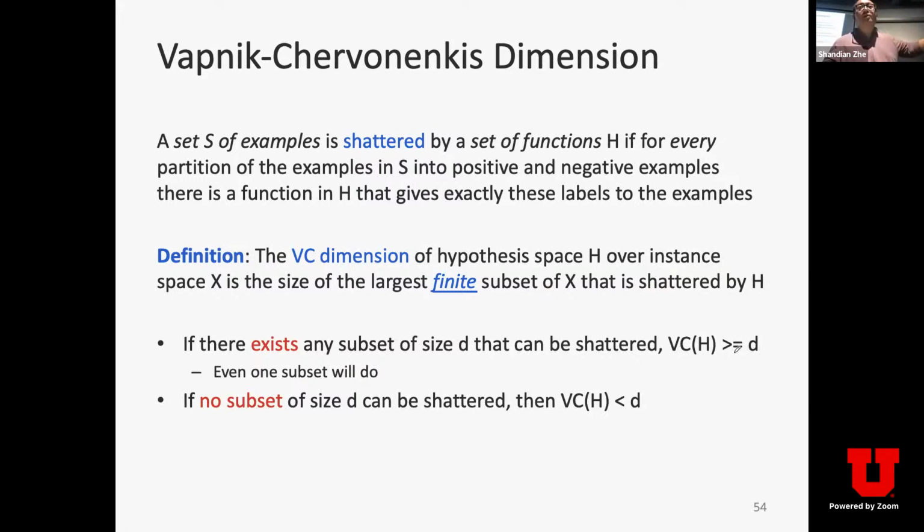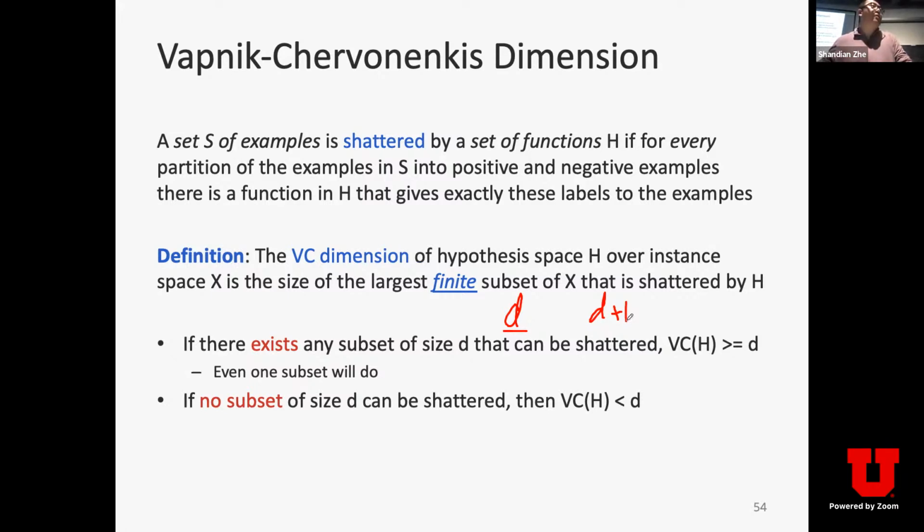You just keep doing this. Suppose you have arrived at D, so you have already found a subset of size D that can be shattered by H. Then I claim that the VC dimension is at least D. And then you increase to D plus 1. And this time you find out that no subset of size D plus 1 can be shattered by my hypothesis space.